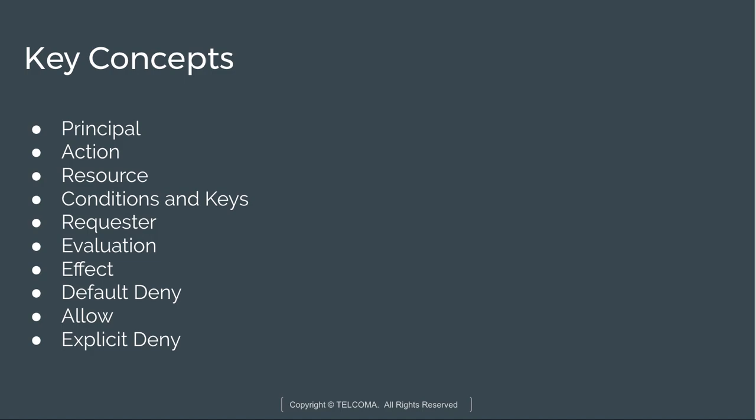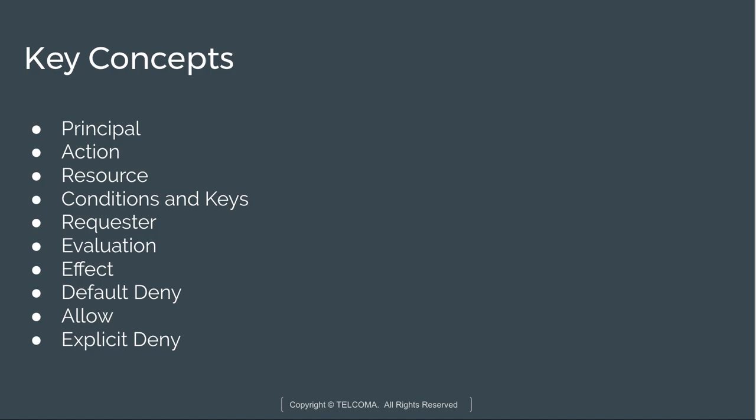Next, we have conditions and keys. Conditions are any restrictions or details about permission. So any restriction or condition about the permission, we call it conditions. A key is a specific characteristic that is the basis for access restriction.